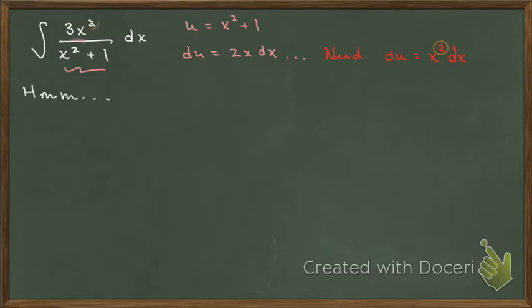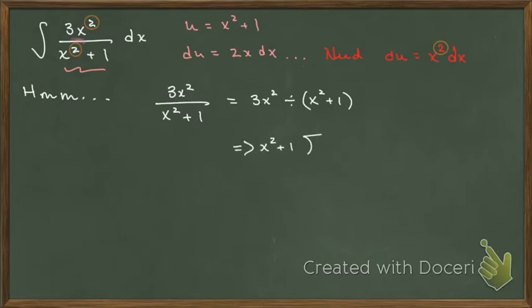What can we do with that guy? Well, if we rewrite this quotient here, notice that those powers in the numerator and denominator are the same. What I can try to do is actually compute that division. See if I can divide 3x squared by x squared plus 1. Write this and try to do my long division here. How many times does x squared go into 3x squared?